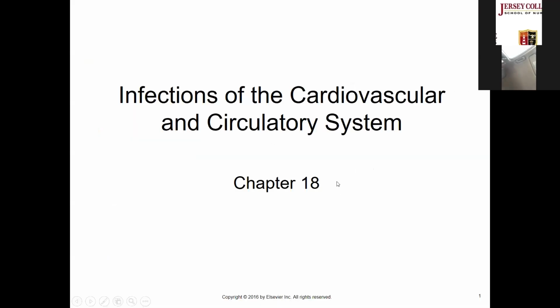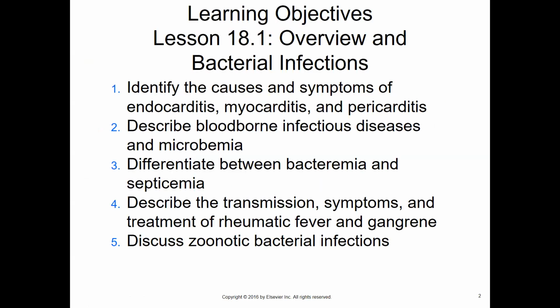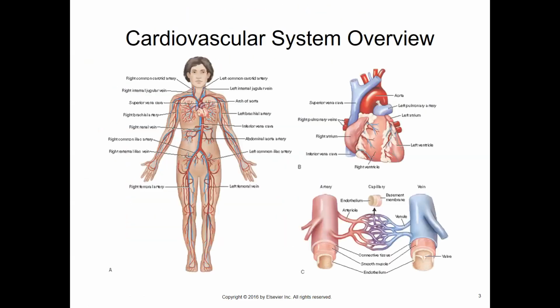Okay, so today we're going to be talking about infections of the circulatory system and the cardiovascular system. The first thing that you really want to know is that the circulatory system consists of the cardiovascular system, including the heart, the blood vessels, the lymphatic system that consists of the lymph and the lymphatic vessels, the lymphatic tissues, and the lymphatic organs.